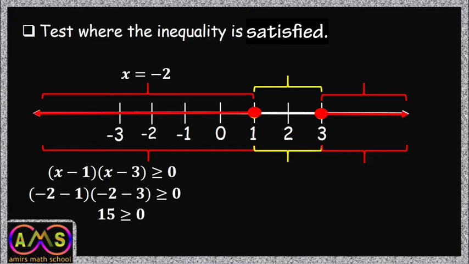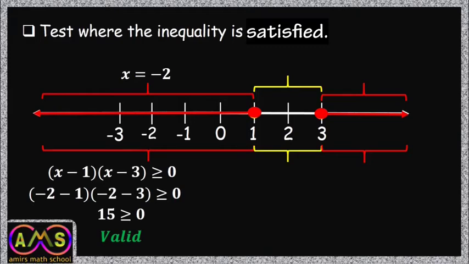So, for x equal to minus 2, the inequality is satisfied. So, this part is valid for the solution. We can say with this value or any value within the range minus infinity to 1, the inequality will be satisfied. So, this part of the number line is valid for the solution.